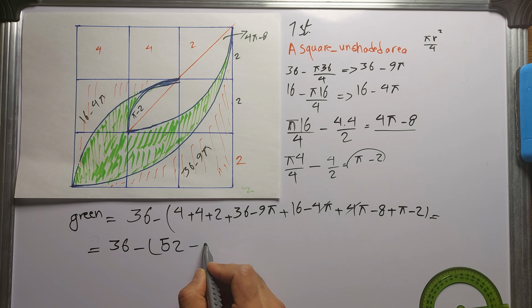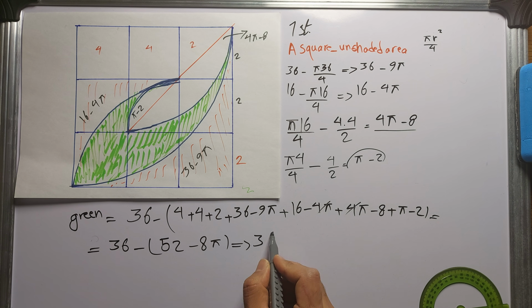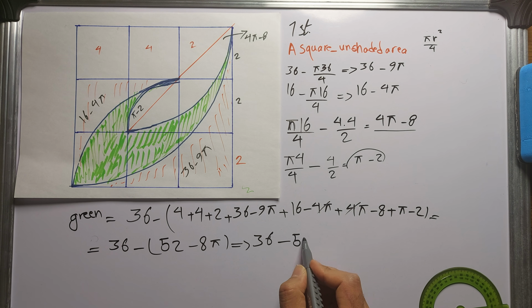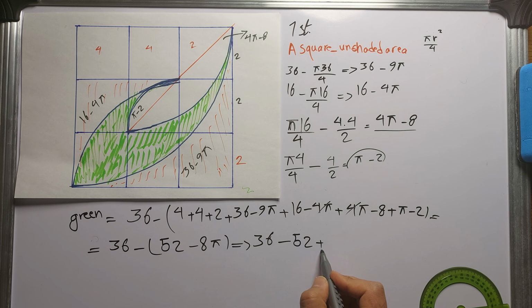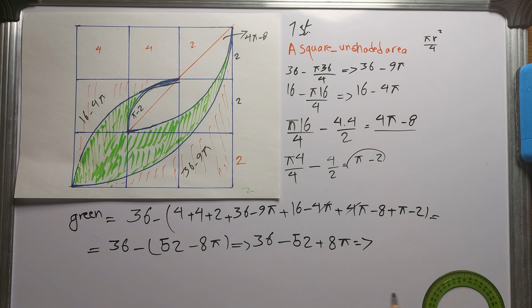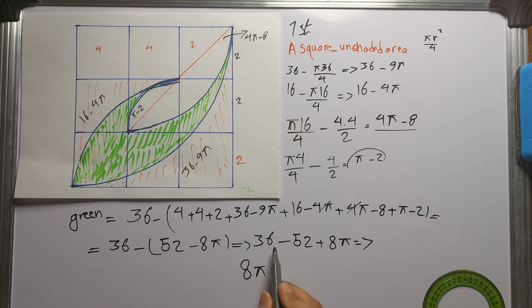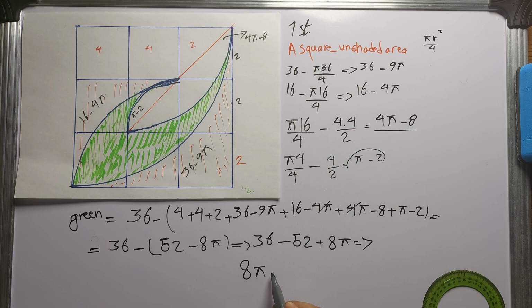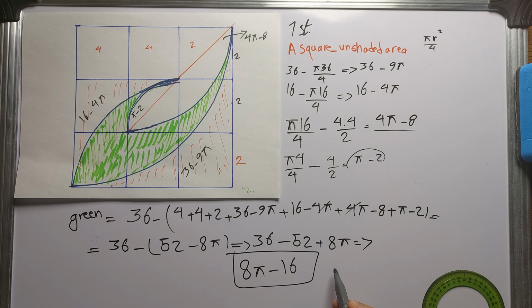So 52 minus 8 pi, which equals 36 minus 52 plus 8 pi. So the final answer is 8 pi. 36 minus 52 is minus 16. So that's our answer, 8 pi minus 16.